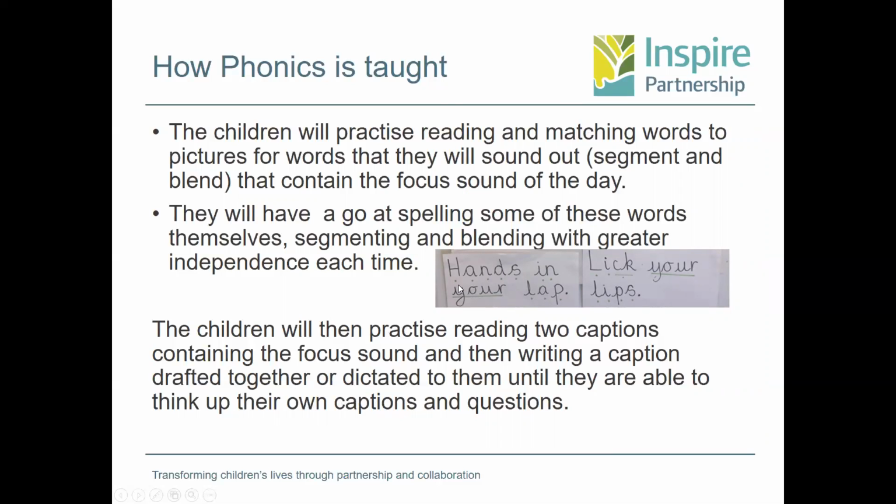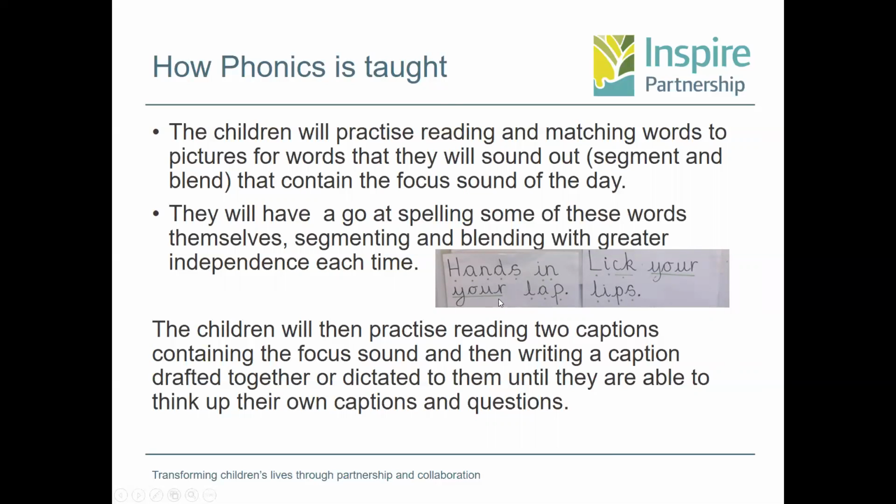This is an example of a caption, hands in your lap, but you'd read it by sounding it out, and sound out and read more as you go on as the children get better at reading. So you might say hands, hands in, hands in your lap.